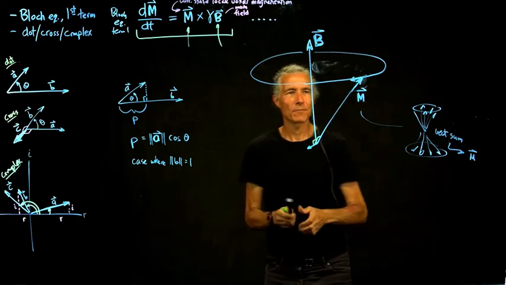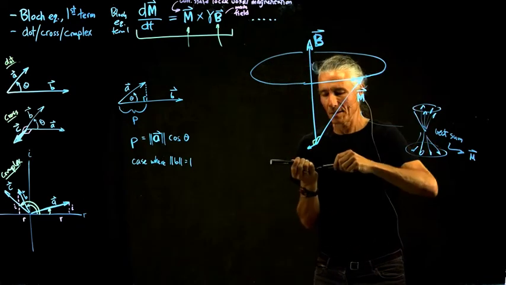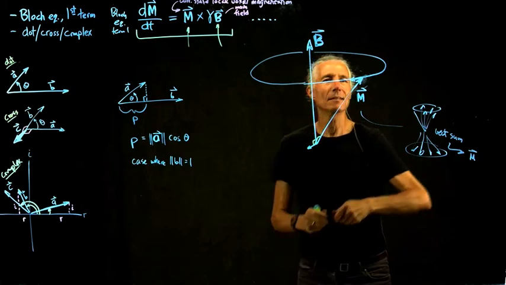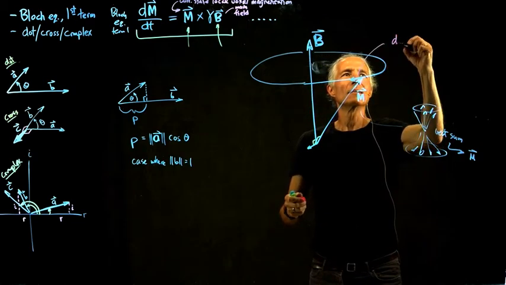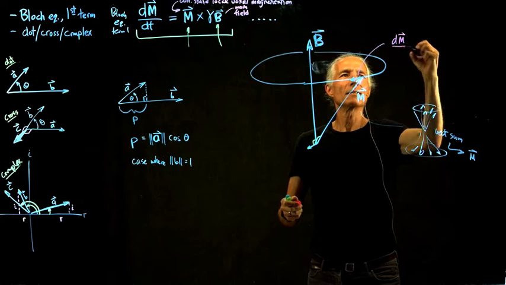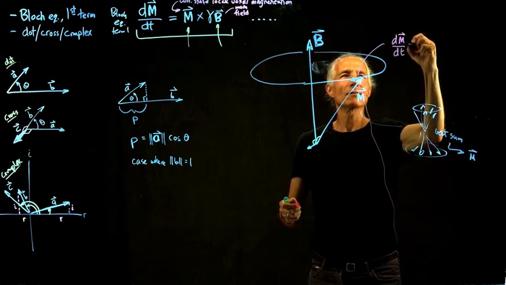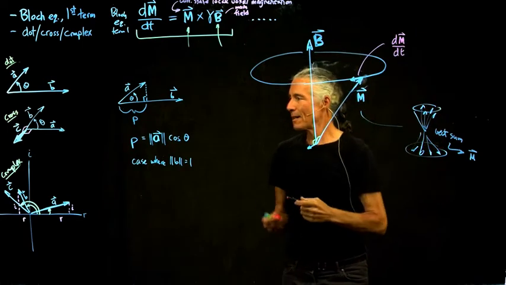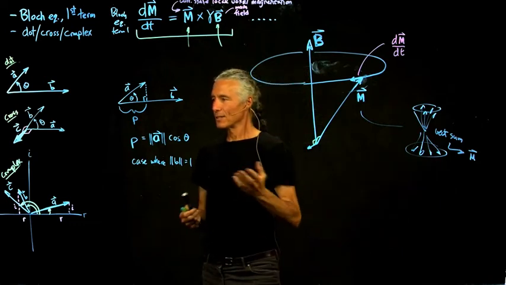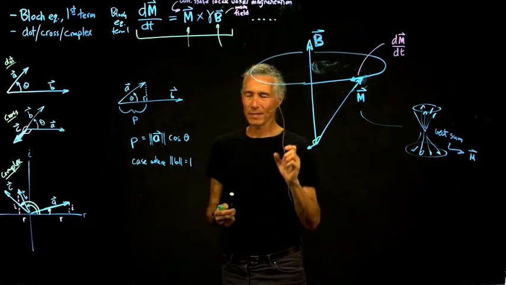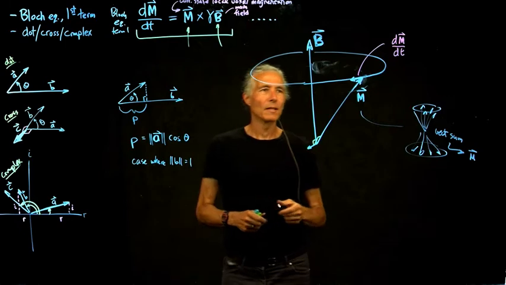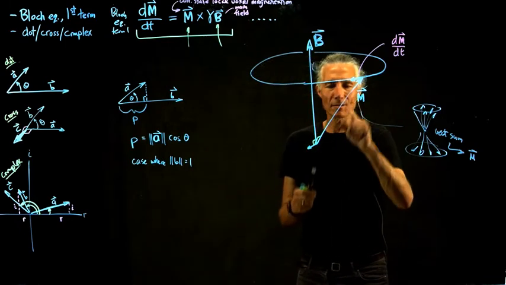So this guy is dm vector dt. So what is the vector that tells us how the m vector changes in a small amount of time? And then here's the actual m vector itself.